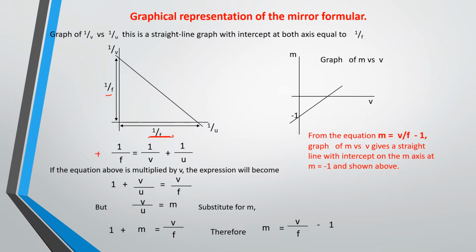If you multiply this equation by v, you will have v over f equals v over v plus v over u.